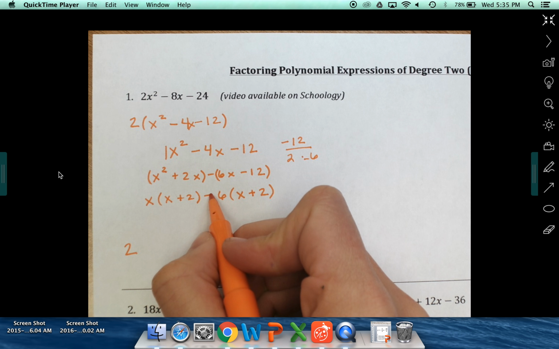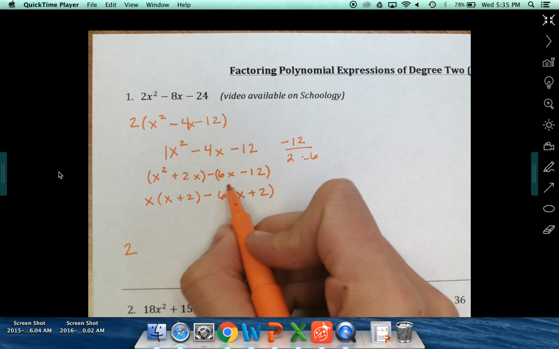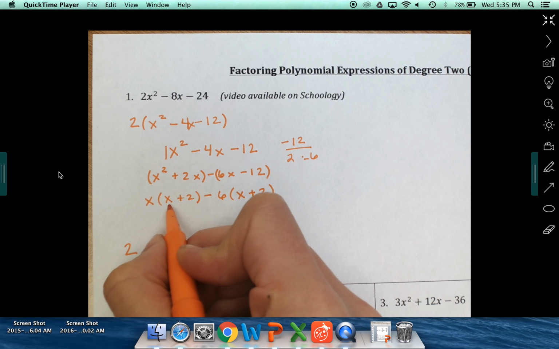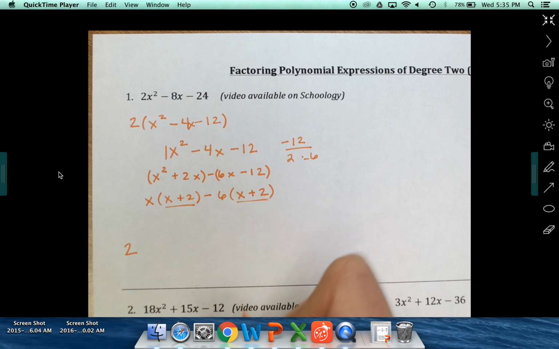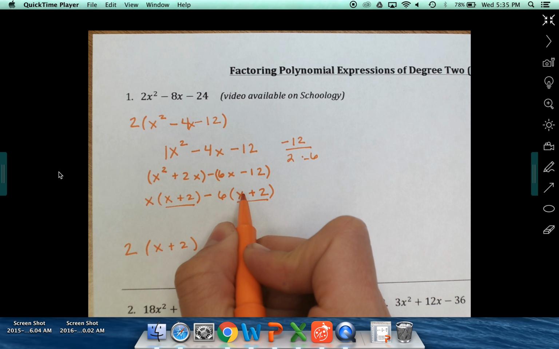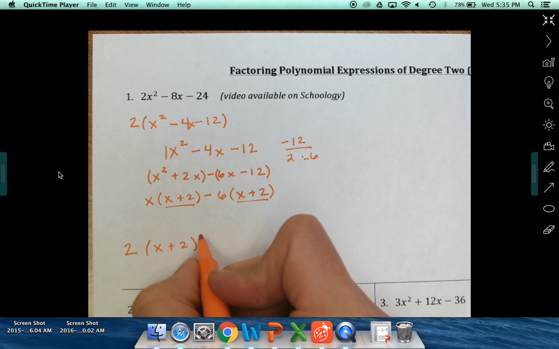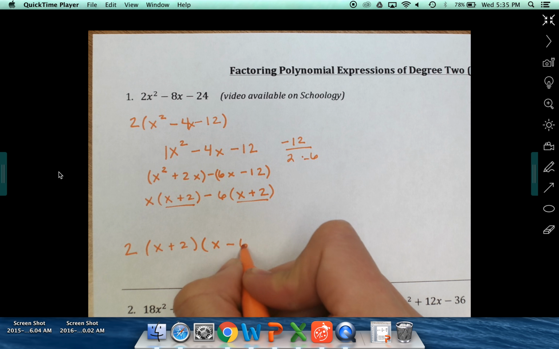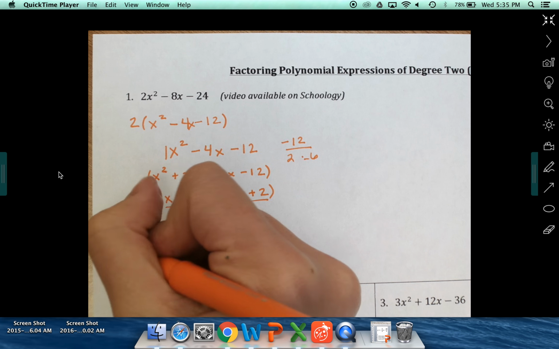I brought down my minus. 6 times x is 6x, okay, and then this negative 6 times 2 is negative 12. So everything looks good. Also notice, okay, x plus 2 is in both of my parentheses, and I'm left with my last factor, which is x minus 6.